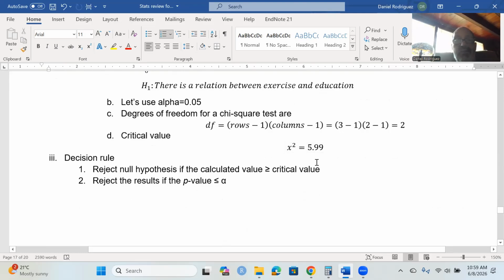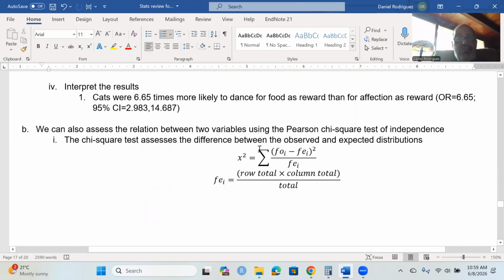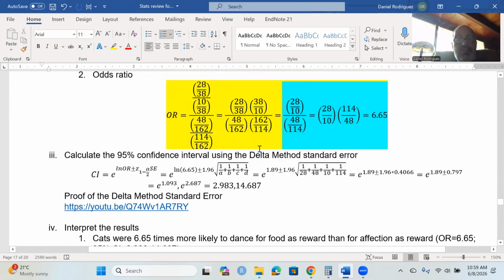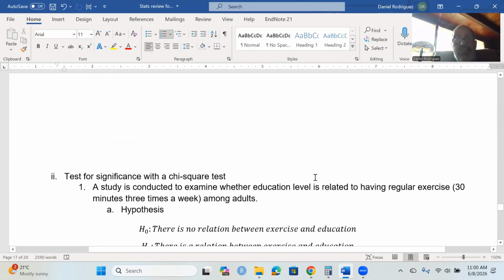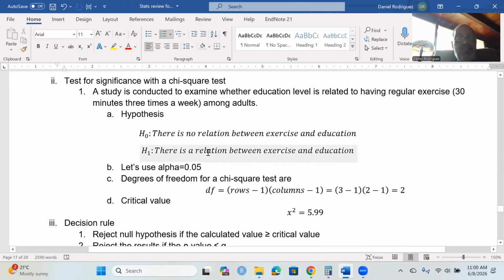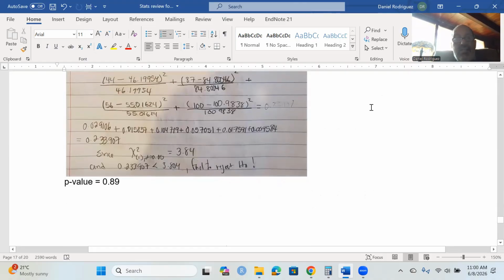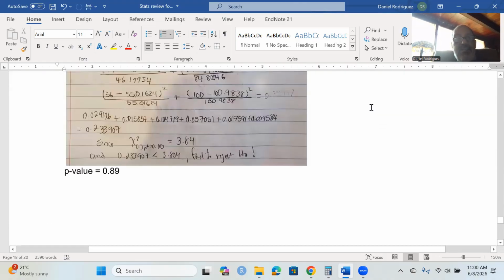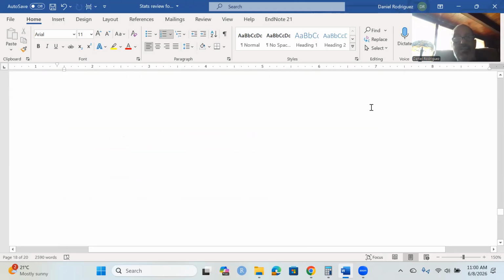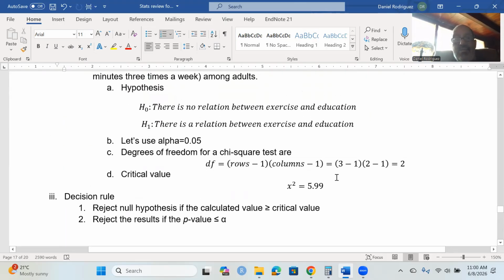I had some example here. A study conducted to examine whether education level is related to having regular exercise. I didn't provide the table here, but it was a 3x2 table, because I can tell that there are 3 rows.